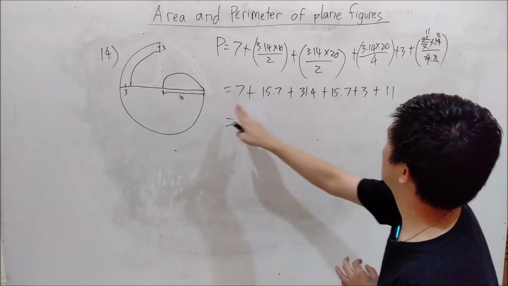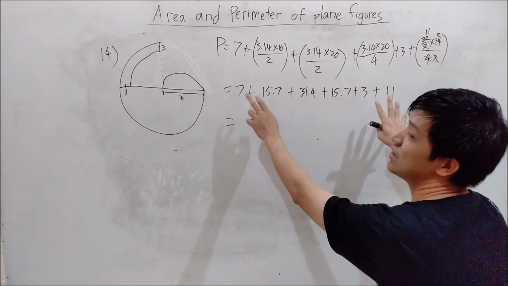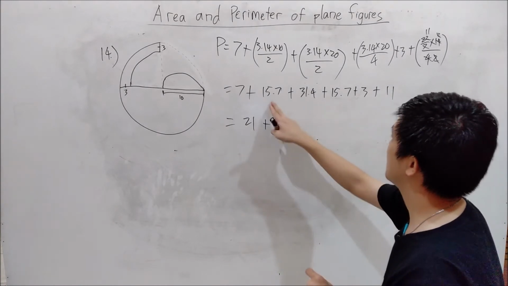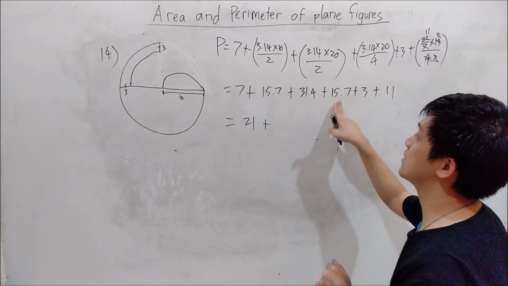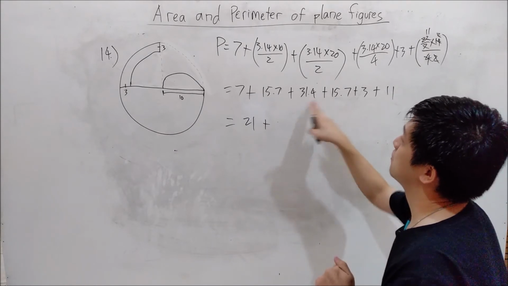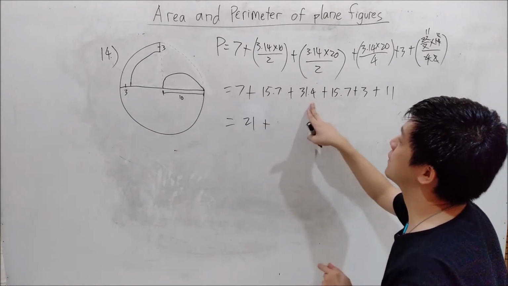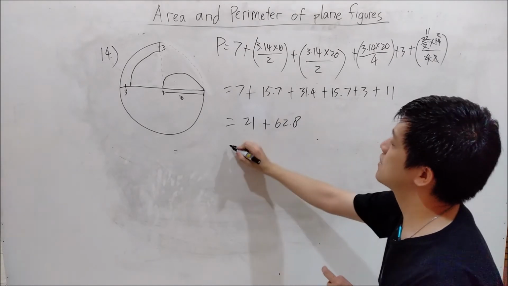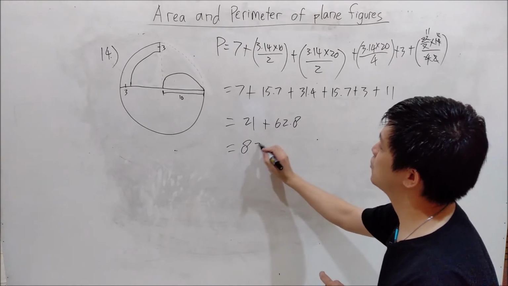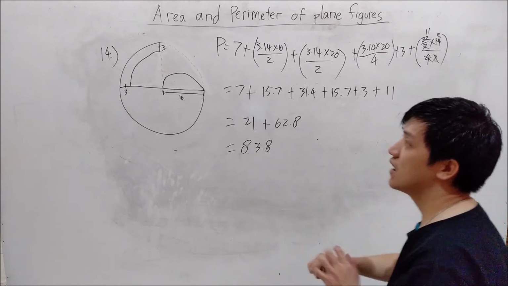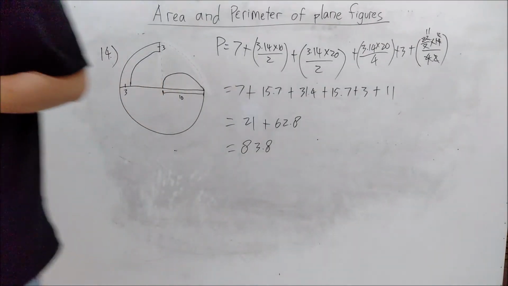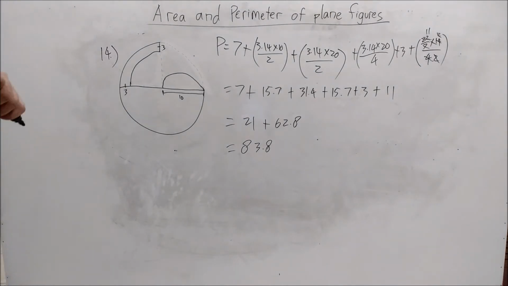Usually I will just count the non-decimals first, so it will give me 21. Then I will count the decimals: 15.7, 15.7, 31.4 give me 62.8. So 83.8. This will be the perimeter of the figure in number 14. Let's go to the area.